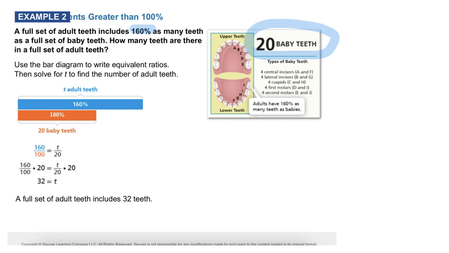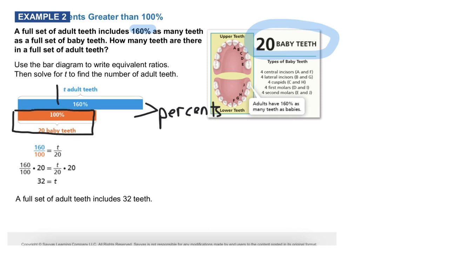So one more time, you are going to notice that your percents are the bars in the center. But this time I have a 100% and a 160%. So 100% of baby teeth makes 20. Those two go together.